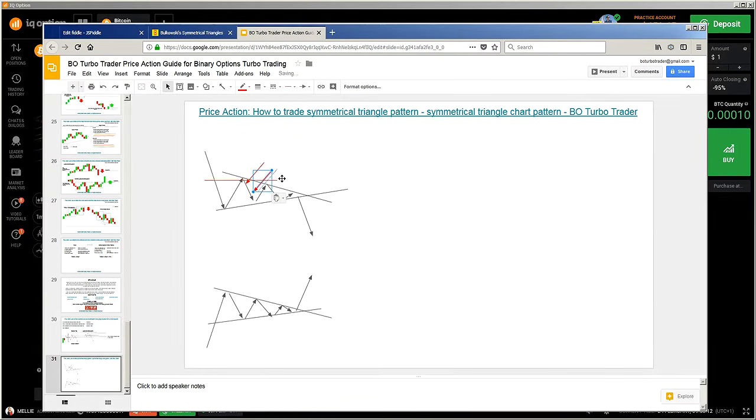You do your puts here in this area because you are expecting that we are continuing to go down, and so you have the odds in your favor in this case, but you have to read the candlesticks, obviously, and you do your puts here always on this down move.